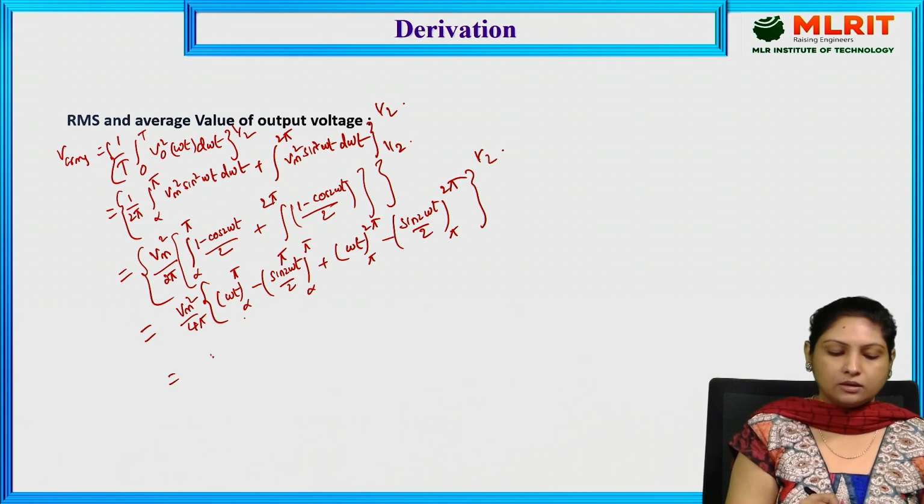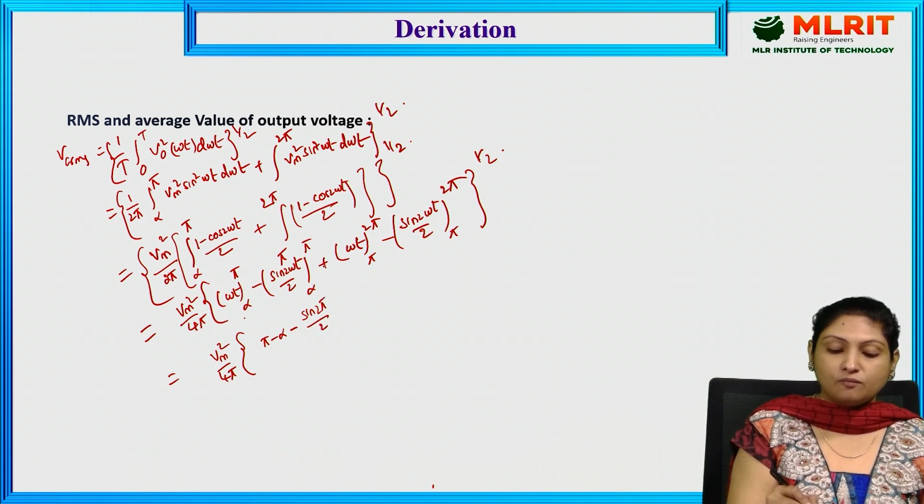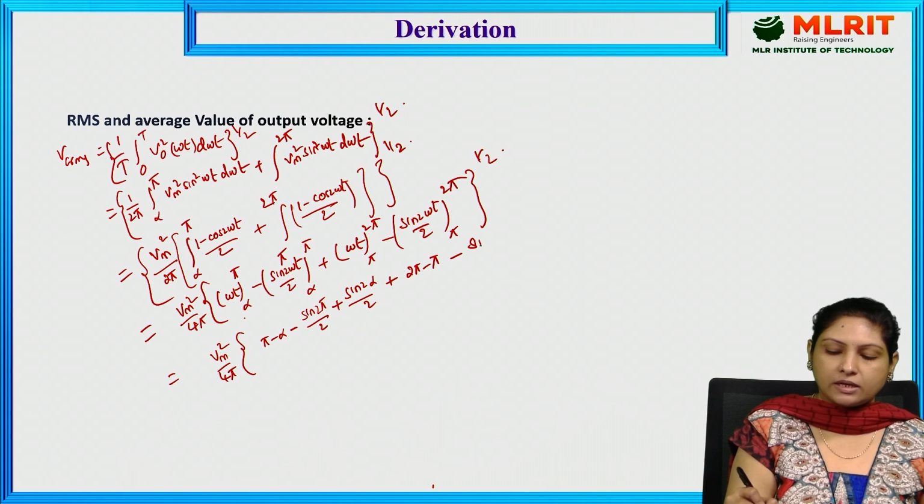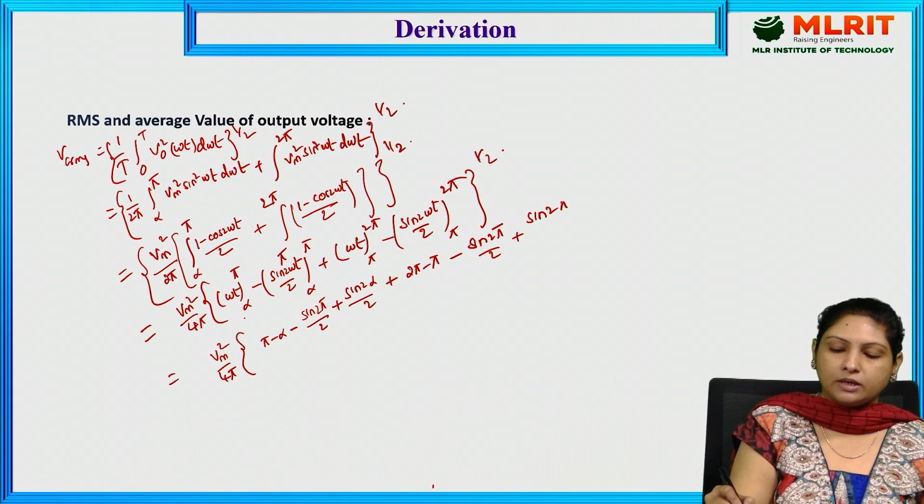So here we get Vm square by 4 pi, substituting the limits, upper limit minus lower limit, pi minus alpha minus sine 2 pi by 2 minus of minus plus sine 2 alpha by 2, plus 2 pi minus pi minus sine 2 pi by 2 minus of minus plus sine 2 pi.